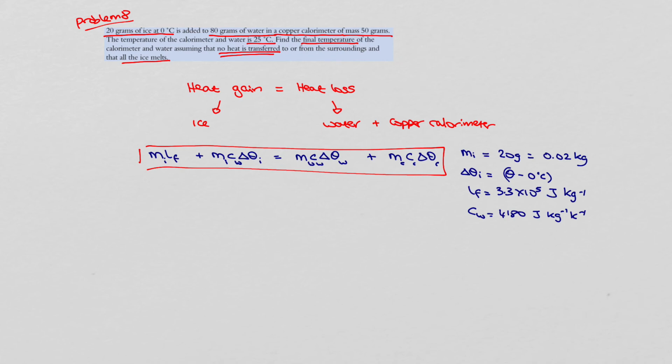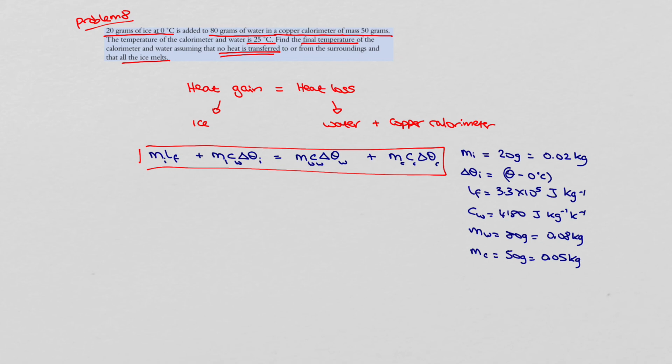And then we have the mass of the water, which is 80 grams, so again dividing by 1,000 gives me 0.08 kg. And we have the mass of the calorimeter, which is 50 grams, so again dividing by 1,000 gives me 0.05 kg.